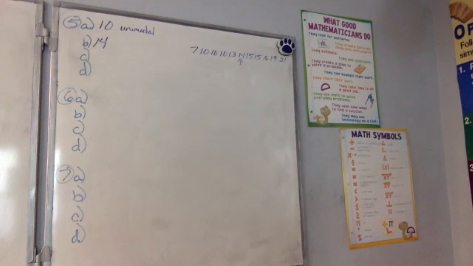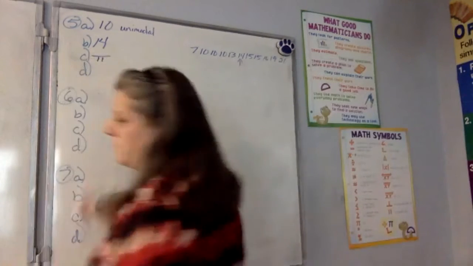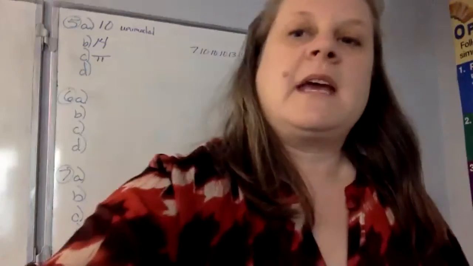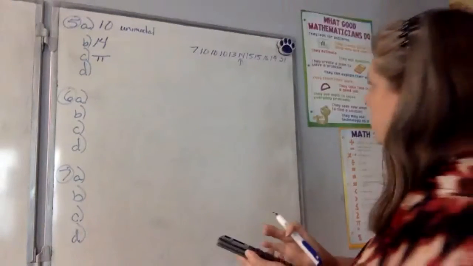Now, my mean is part C, so we have to add them all up and divide by how many there are. We just counted, there are 11 of them, so we have to add all those numbers together and divide by 11. So on your little calculators, start typing.